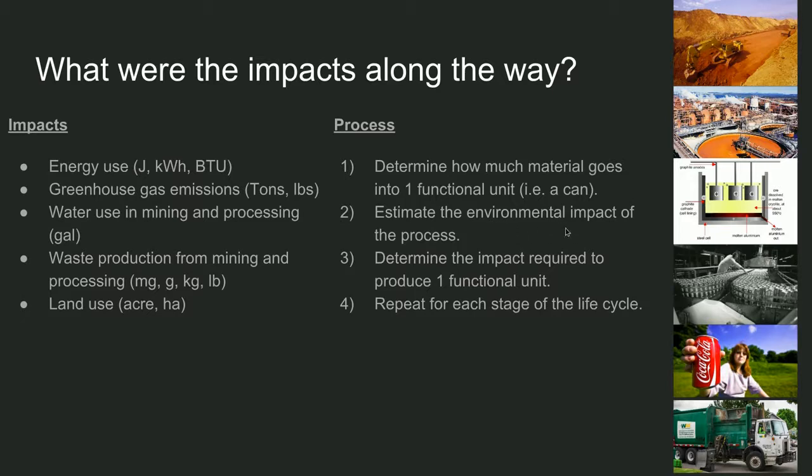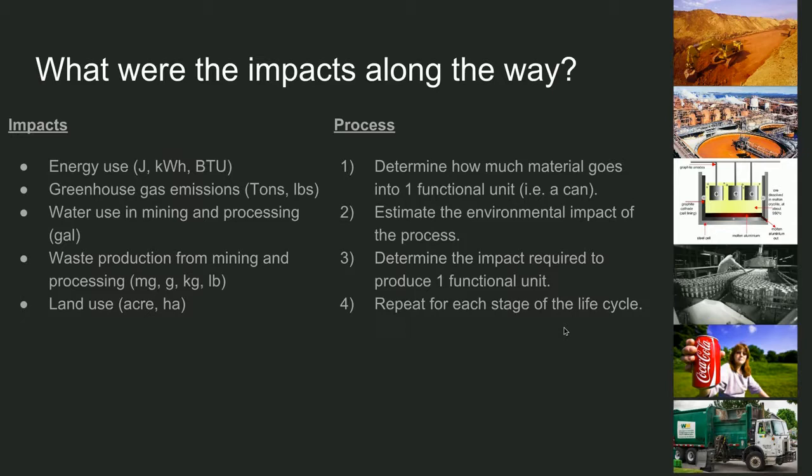And once you determine the environmental impact of the process, you can determine the environmental impact required to produce one functional unit. So if you go to the mining operation and you figure out how much material they produce, and you also figure out how much environmental impact that operation has on the whole, you can find the proportion of that environmental impact which is appropriate for your individual functional unit. And then the next step is to repeat this for every stage of the life cycle.